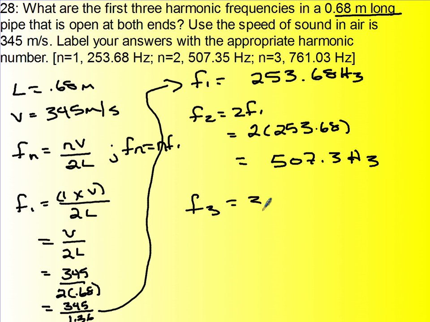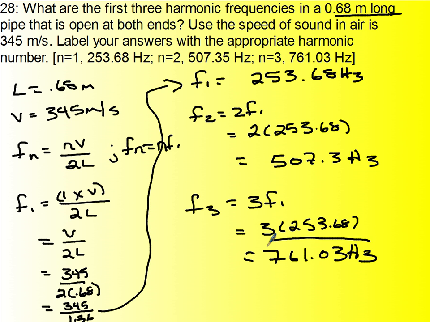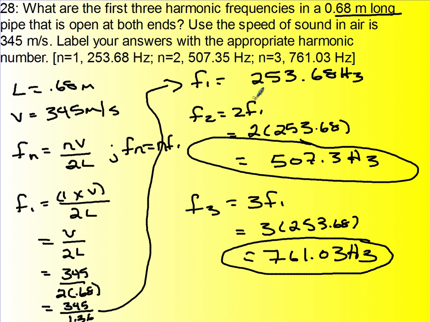F3 is 3 F1. So it's 3 times 253.68. So 761.03. There you go. It's the first three harmonics.